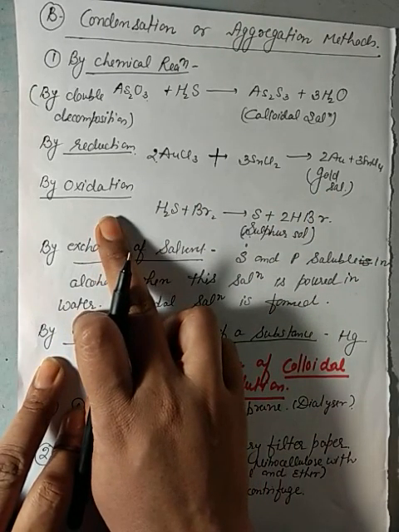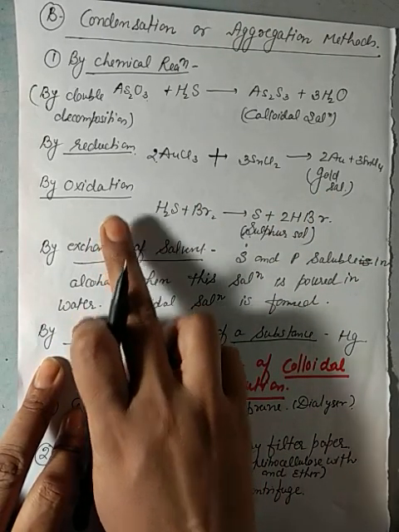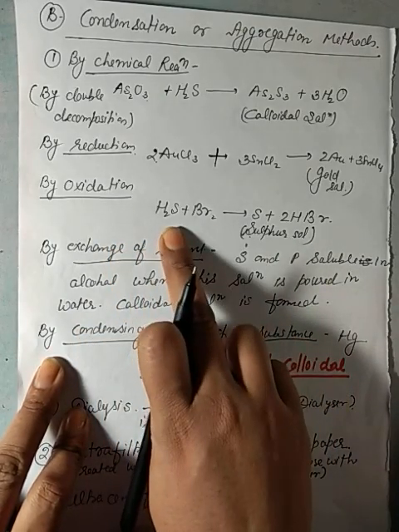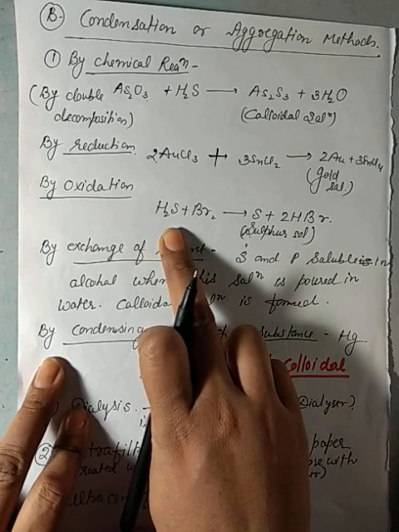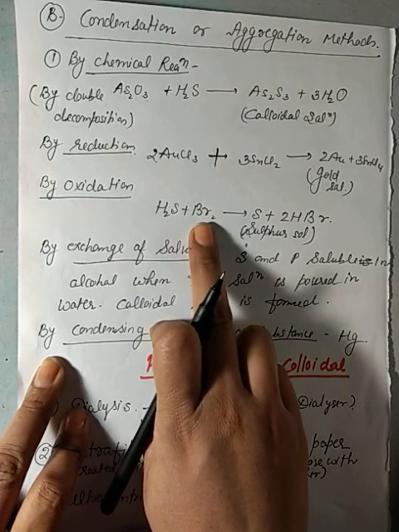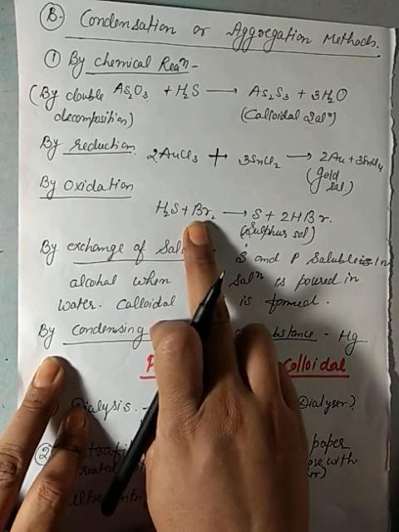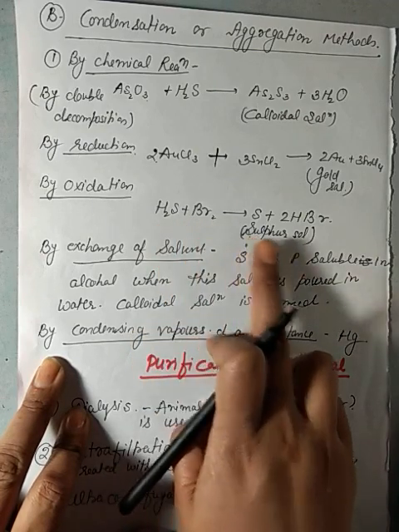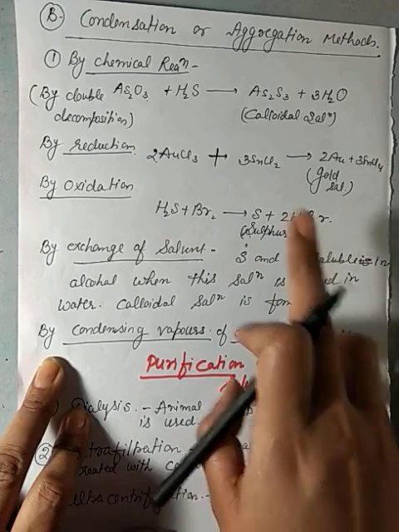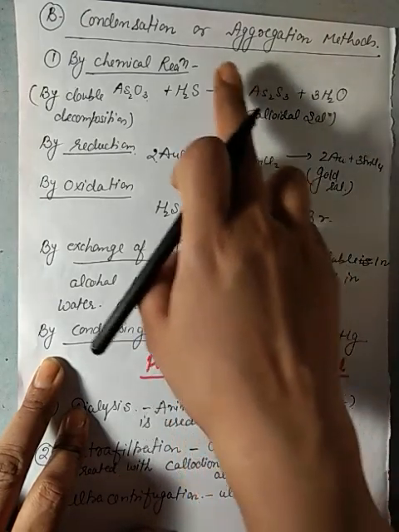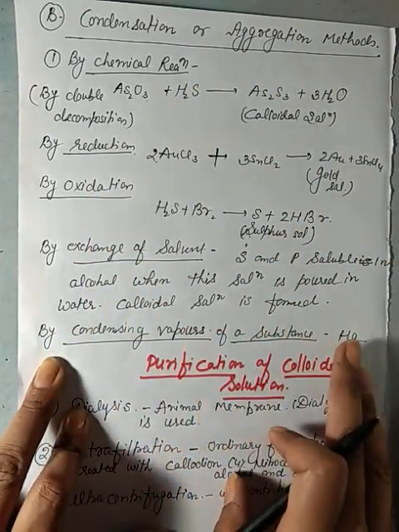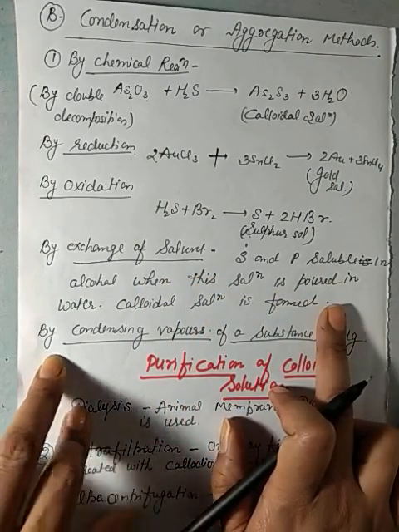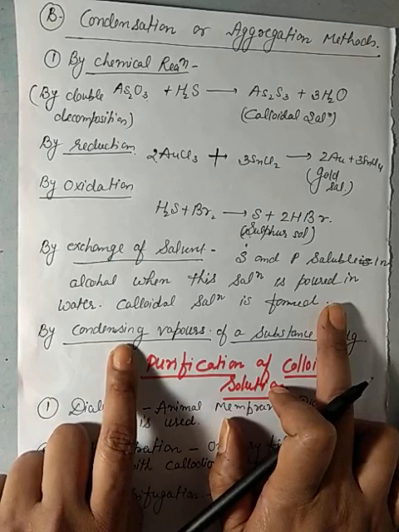Next is the oxidation method. If we want to prepare sulfur sol, then H2S is passed through an oxidizing agent, as here we are taking bromine water; when H2S is passed through the bromine water, sulfur sol is formed. We can also form a sol by exchange of solvent, as sulfur and phosphorus are soluble in alcohol.